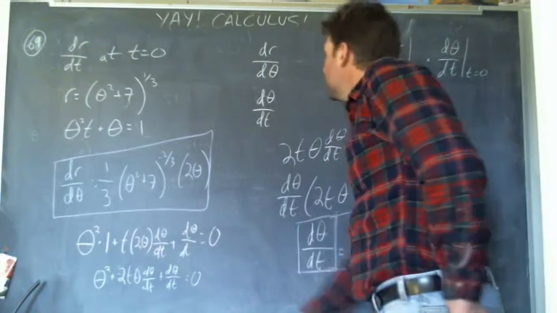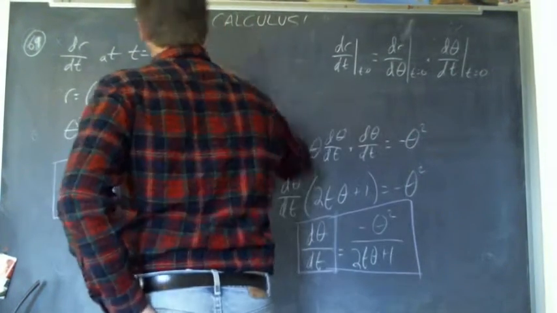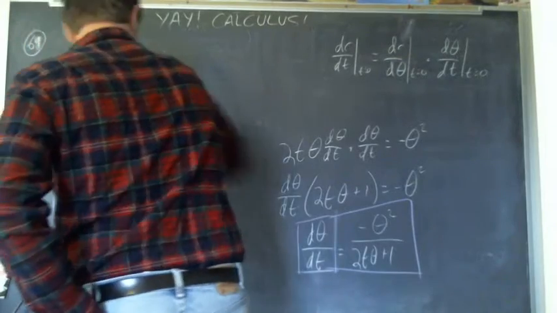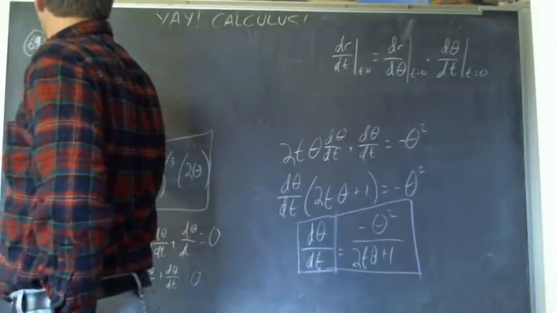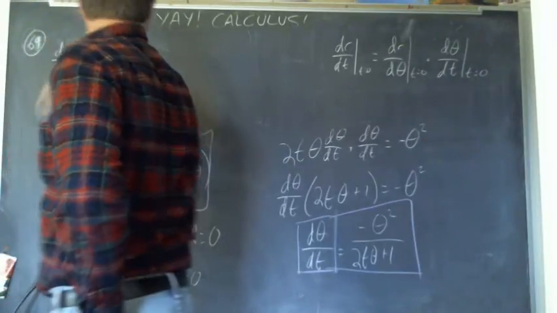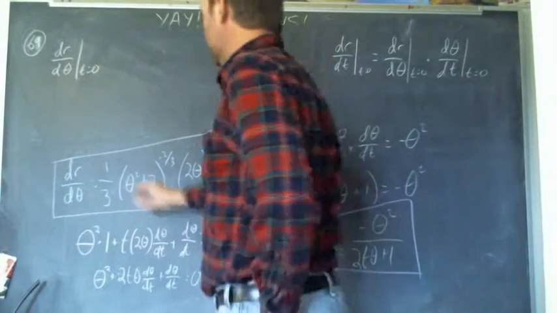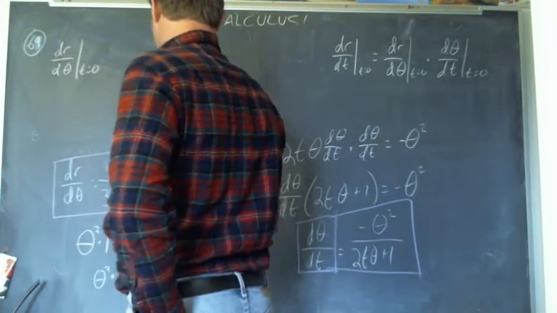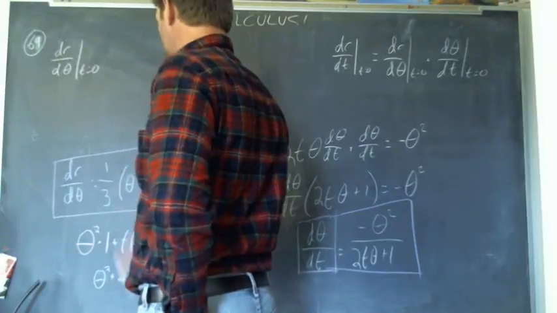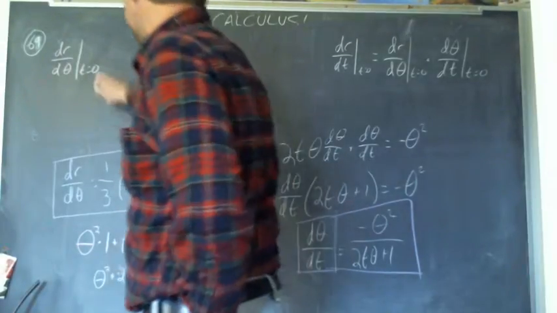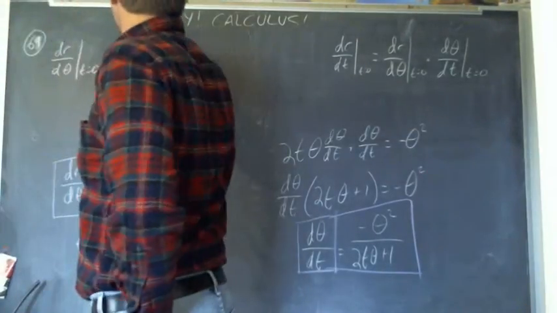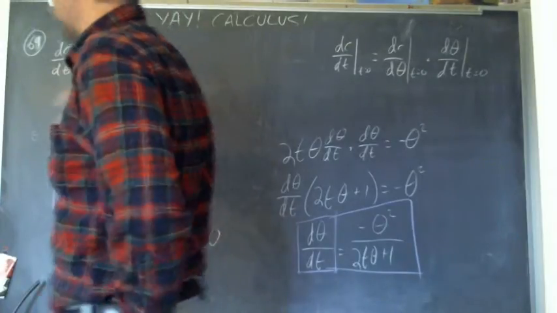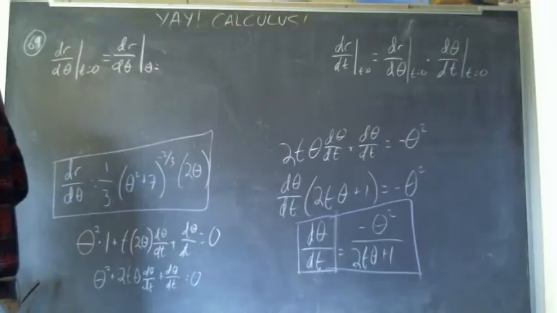So let's get ourselves back straight. Here we go. dr/d theta evaluated at t equals 0 here. So we don't have a t yet. That's going to be the same as dr/d theta evaluated when theta equals, we just have to get theta in terms of t, which I believe we already have.